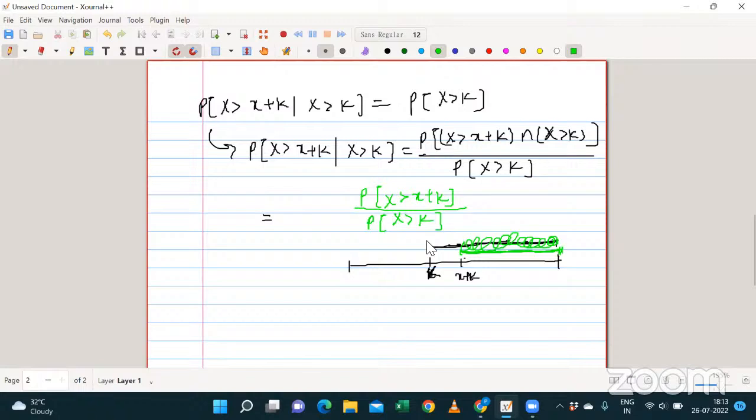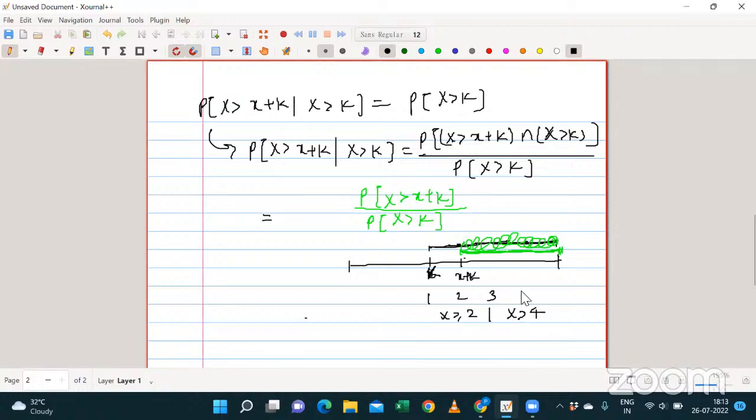Are you getting it? Yes, sir, in this expression it's clear. If a problem statement is given, then we have to check whether the events are mutually exclusive or not, according to the objective. Here we can easily draw a line and see the common region. Suppose you have discrete values 1, 2, 3, and the question is X greater or equal to 2, intersection X greater than 4.